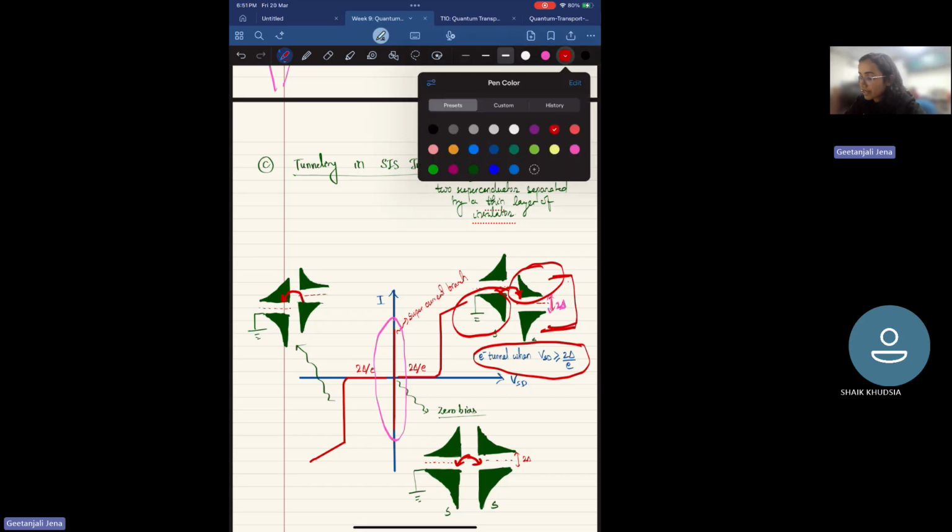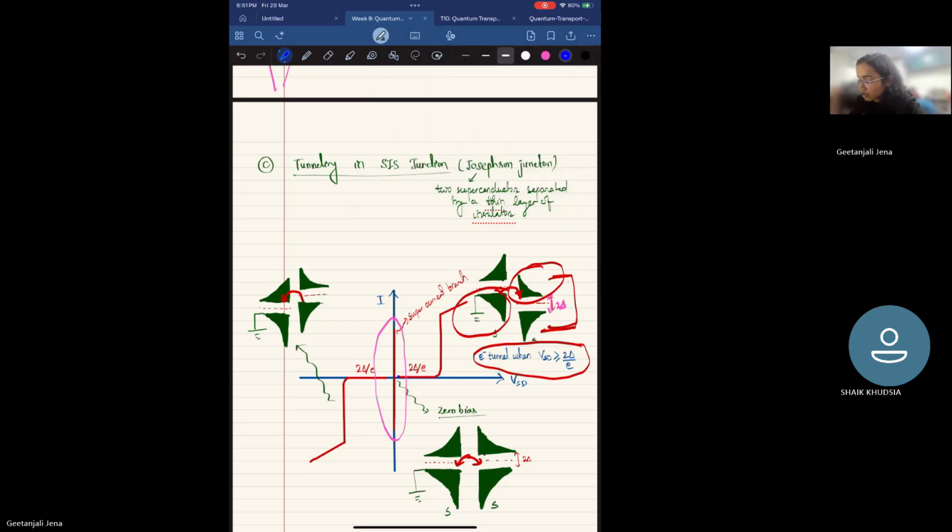So if you apply a voltage, then the current is 0 up to the point 2 delta by e, and beyond 2 delta by e the value increases. This is for the forward bias, and also for the reverse bias. If you want to level the left side to the energy level of the right side, the left side should be moved by 2 delta.